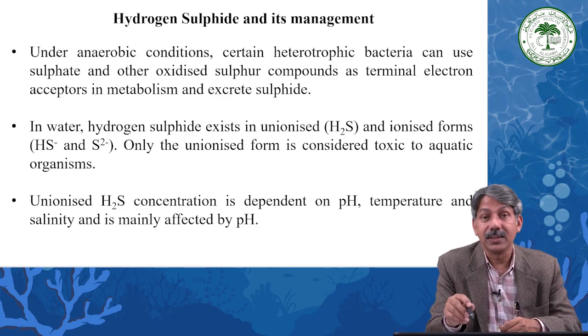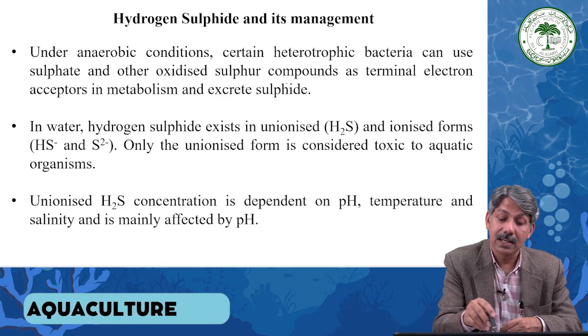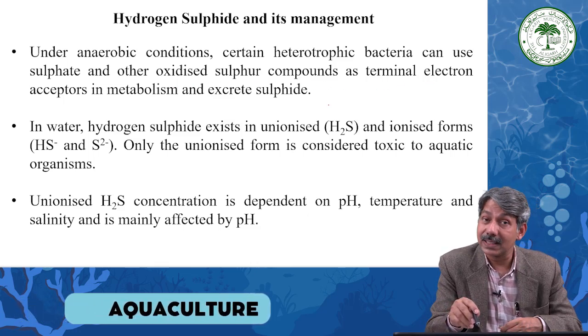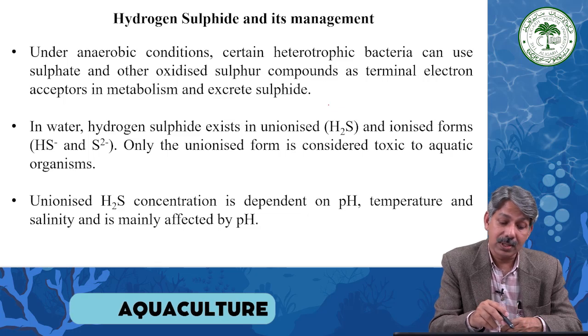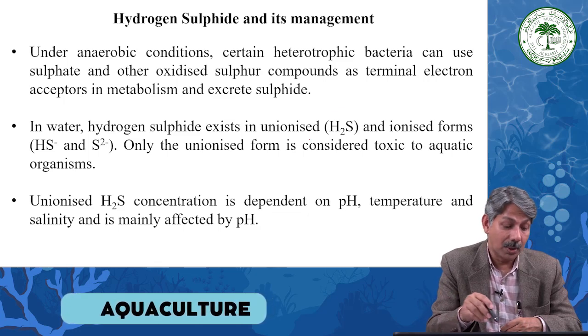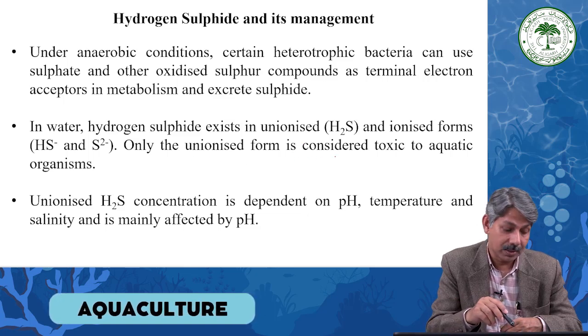Hydrogen sulfide and its management. Under anaerobic conditions, certain heterotrophic bacteria can use sulfate and other oxidized sulfur compounds as terminal electron acceptors in metabolism and excrete sulfide. In water, hydrogen sulfide exists in unionized and ionized forms. Only the unionized form is considered toxic to aquatic organisms.